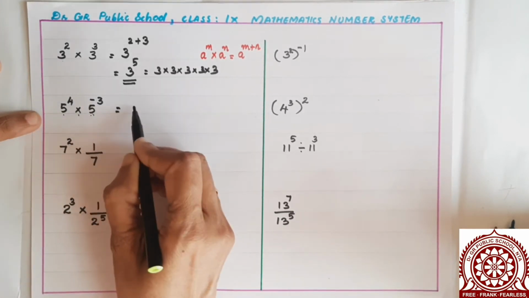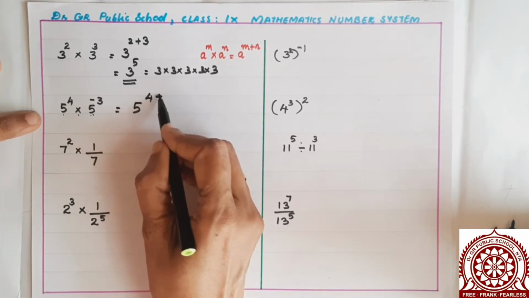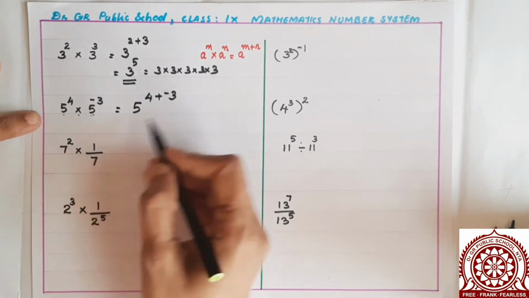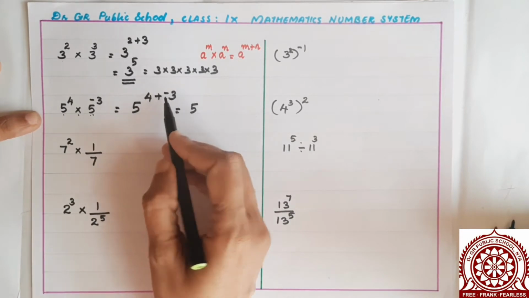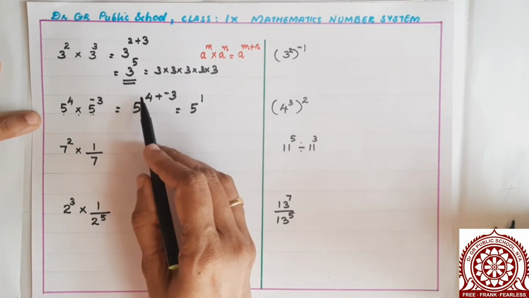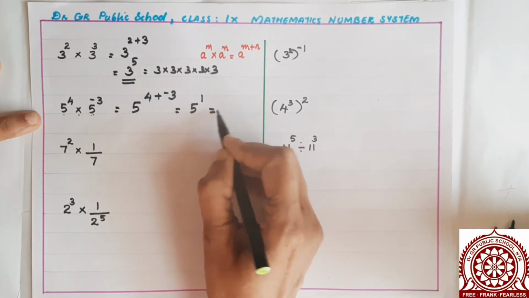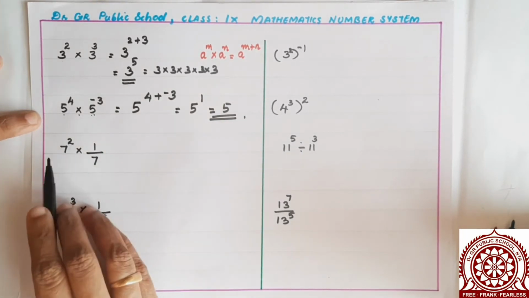So how can we write? A raised to m plus n, 4 plus minus 3. So what is it? 5 raised to 4 plus minus 3 is 1. Subtract and put the sign of greater one. So 5 raised to 1. What is 5 raised to 1? 5. Okay. Now come to this question.